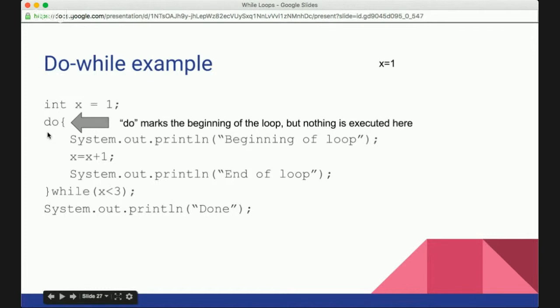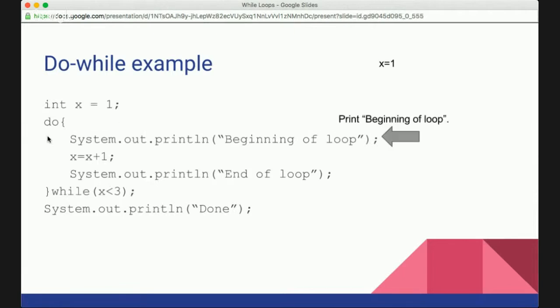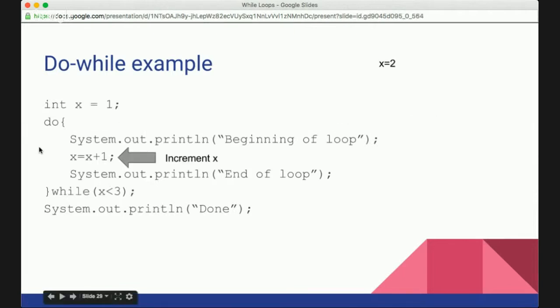It's just the marker for the loop to start, so when it hits the while, that's how it knows where to go back to. Now x is 2, end of loop. It hits the while, the condition's true, so it goes back to the do and does the loop again.